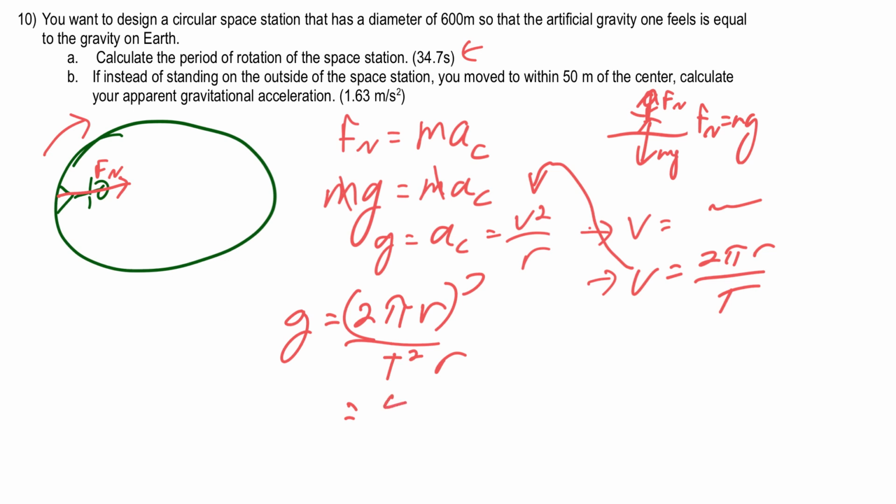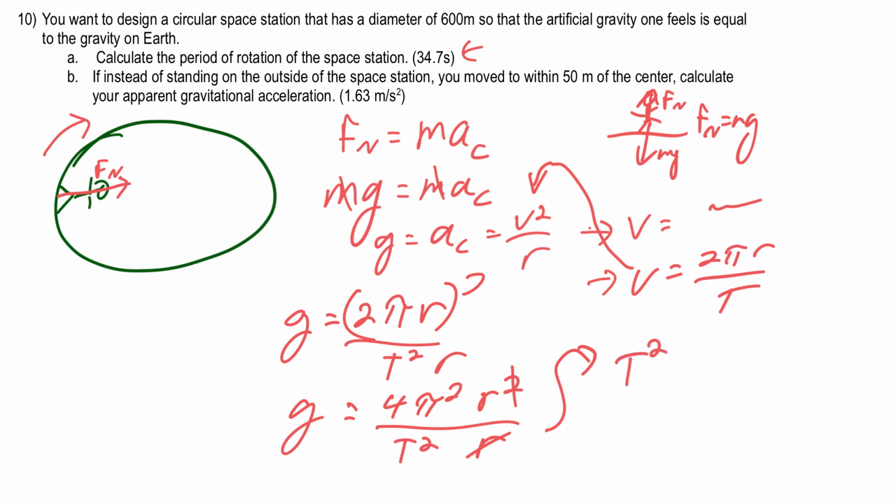That's going to be 4 pi squared r squared over t squared r. One of those r's cancels. Remember, this is equal to g. Now we're going to solve for t. So let's multiply both sides by t squared, and divide by g. T squared should be 4 pi squared r divided by g.